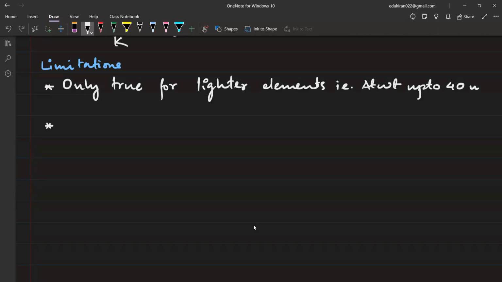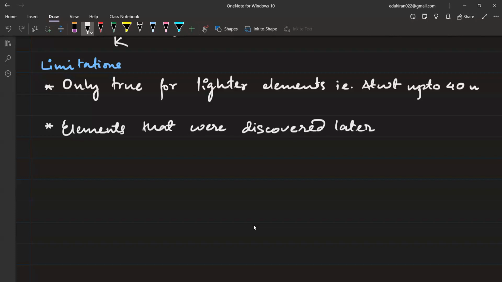Next point is elements that were discovered later.